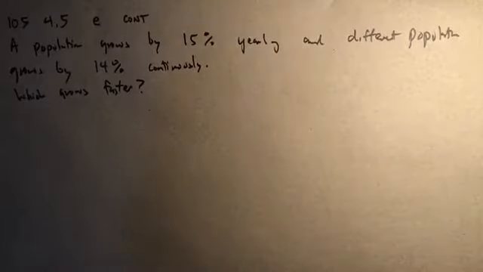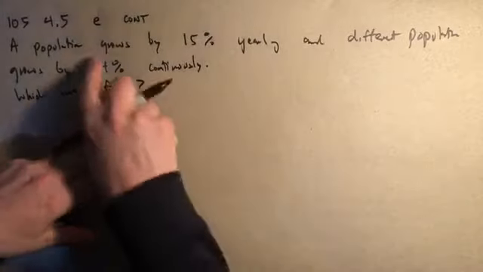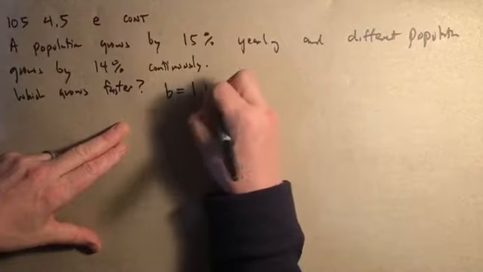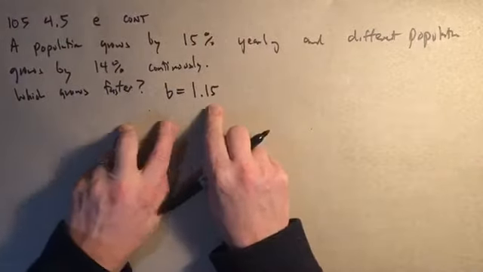Well, the way to approach this is to compare the two different growth factors. The growth factor for my first population is 1.15. That's a 15% growth every year.